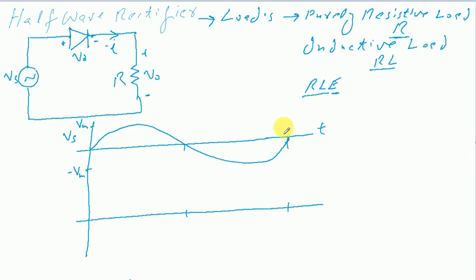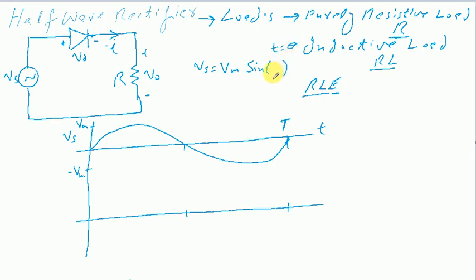Okay, so we can also say that this is the end of this cycle and this is the complete time period of this one. But since we know that this waveform is of sinusoidal shape and we do have its representation in terms of its mathematical equation as well, that is Vs is equal to Vm sin, so here we can simply write t in this parenthesis, and then we need a substitution of the phase angle as well.